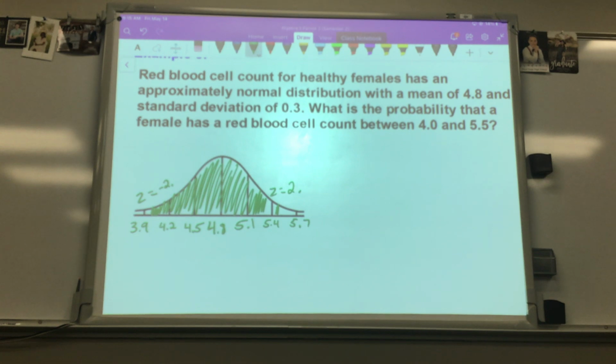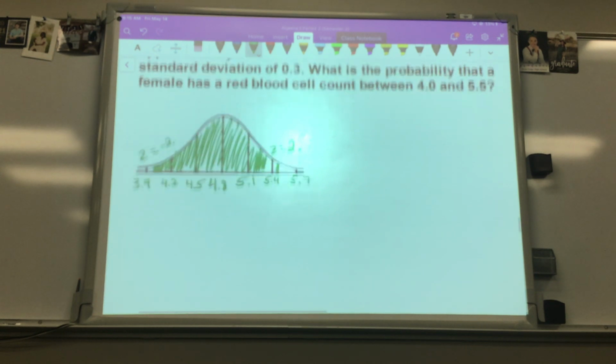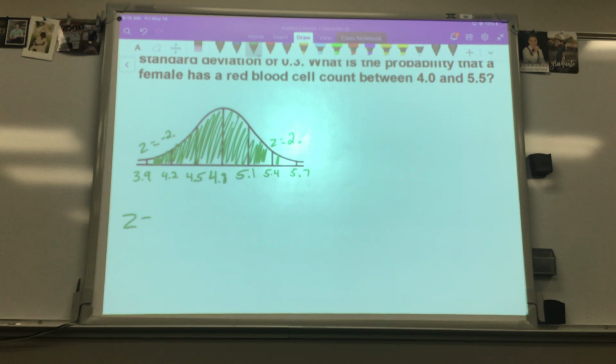So keep in mind, not a bad idea to draw out these normal curves every time, right? It gives you a good idea. Make sure you're in the right area for those Z-scores. So let's find the further right one. That was 5.5 for the score, right? Minus that mean over that standard deviation.